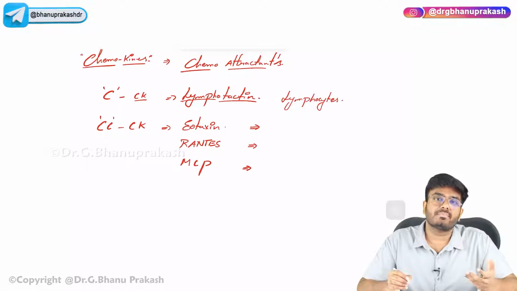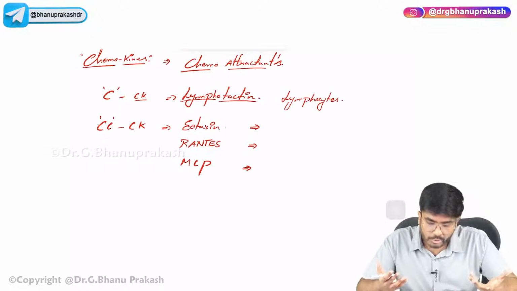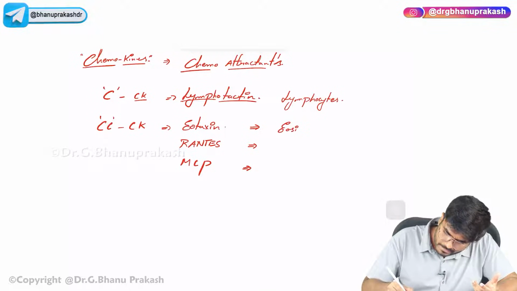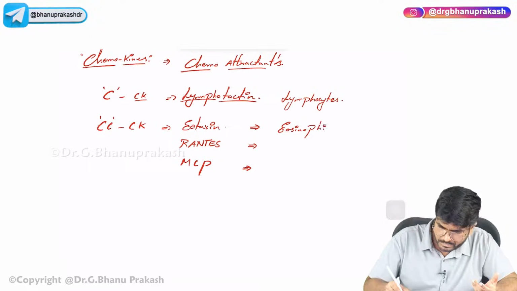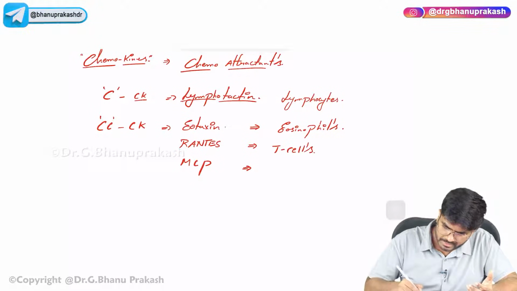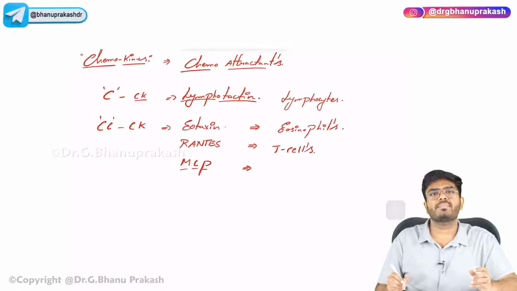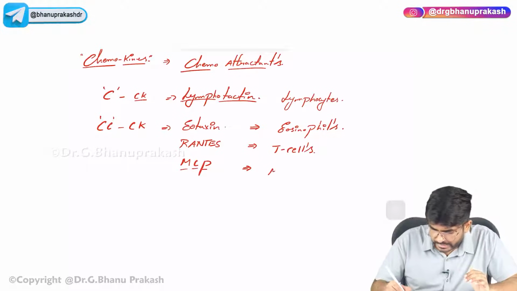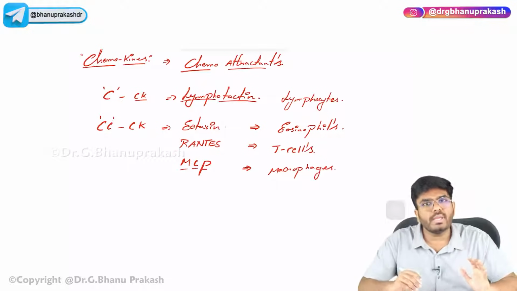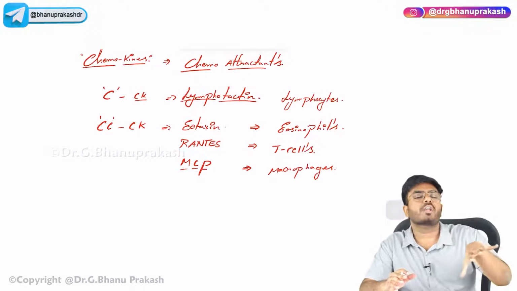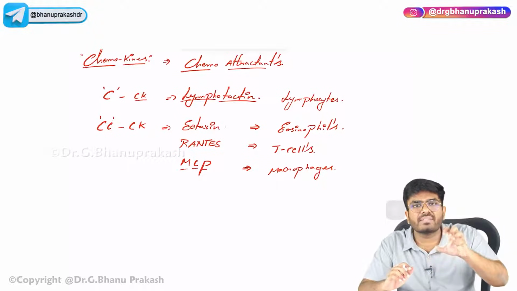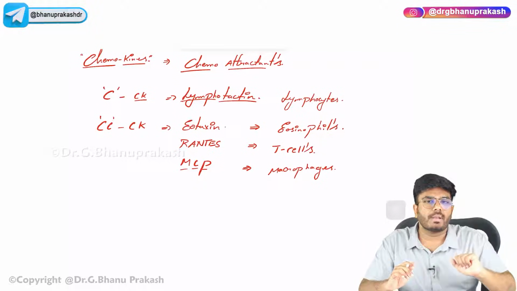Eotaxin, the name itself, eosinophils, simple. Rantis for T cells, and MCP, you can easily understand, macrophages. During inflammation, all these types of chemokines are going to be released in the inflammatory area, so they will attract different types of WBCs.